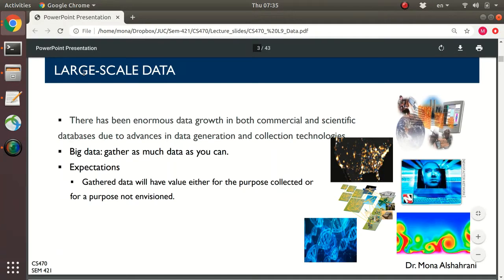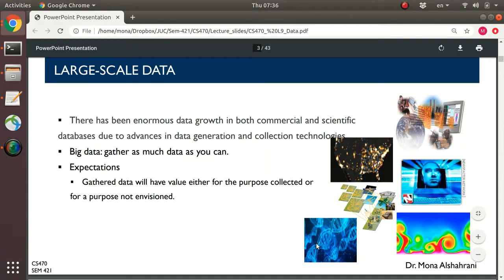First point, large-scale data. We are living in an era called the big data era, where there has been an enormous amount of data generation, both in commercial and scientific databases, and this is due to the technologies that have been developed.